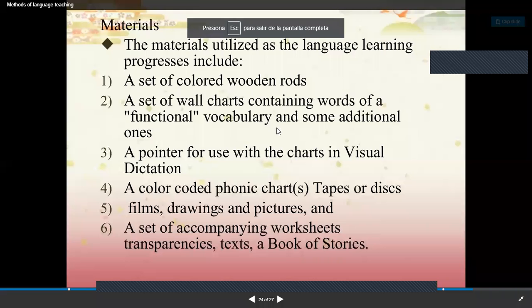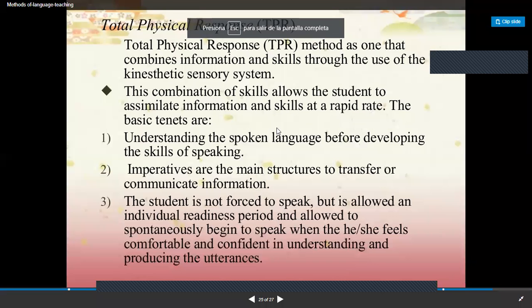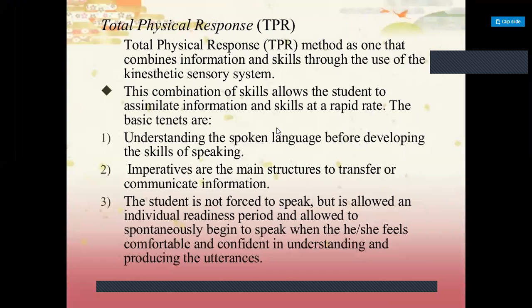And that was all. Then the physical response was related to just conditioning the learning through commands. Example, stand up. So you have to stand up. For example, another command, please talk, right? Answer the question, right?